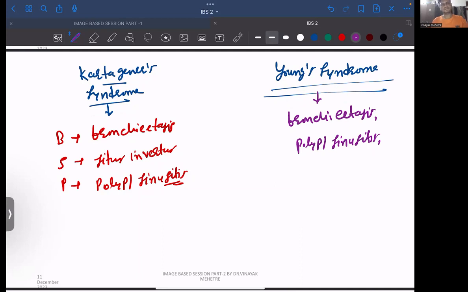Technical infertility, I will make it more clear. साइटस इन्वर्टस भी है और डिसमोबिलिटी इन सीलिया. सीलिया में डिसमोबिलिटी है, सो इसके अंदर एक्चुअली there is going to be infertility, but in Young syndrome it is not going to be technically infertility.